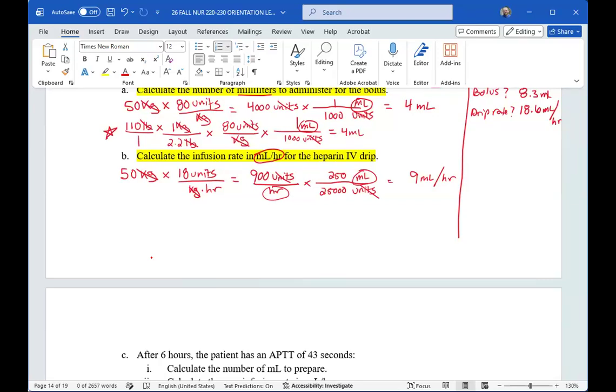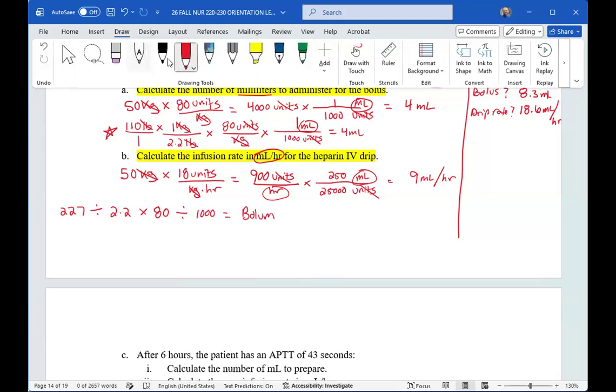This is exactly what I type into my calculator: I take 227 divided by 2.2 times 80 divided by 1000, and that equals the bolus in mL. What I'm showing you is the shorthand for the bolus in milliliters.